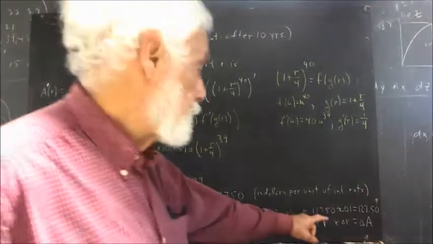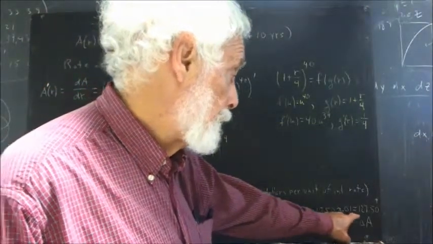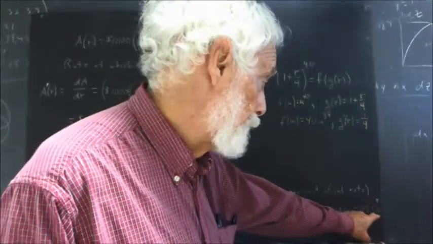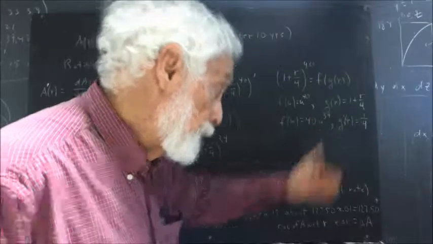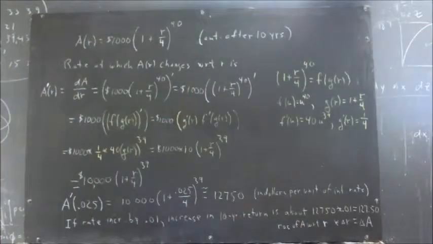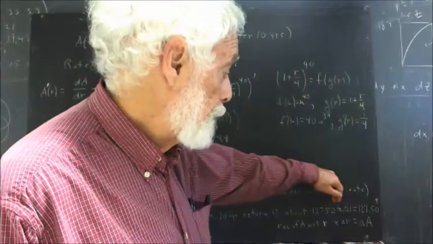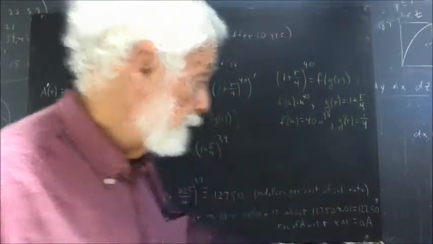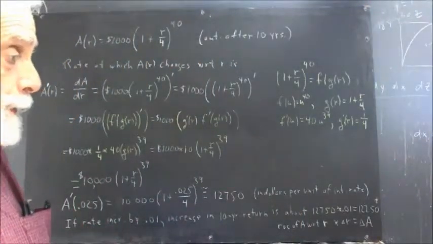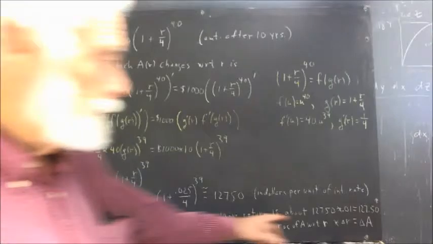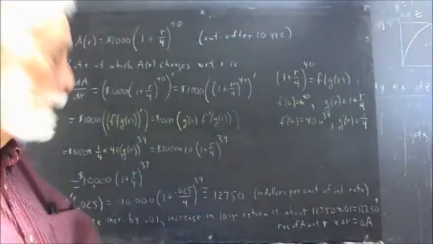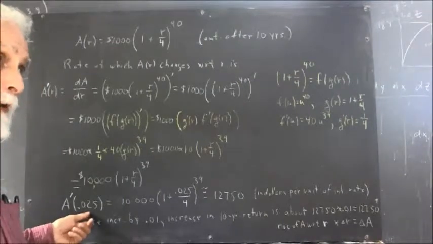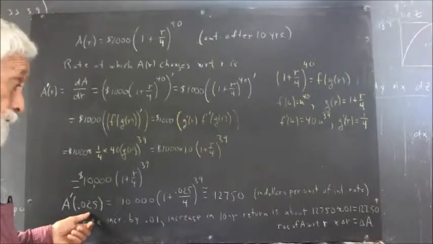So we multiply the 12,750 by the 0.01, we get 127.50. Okay, that's 0.01 units of interest rate multiplied by the number of dollars change per unit of interest rate. So we should expect to get approximately $127.50 more by choosing a 3.5% as opposed to 2.5% interest rate.